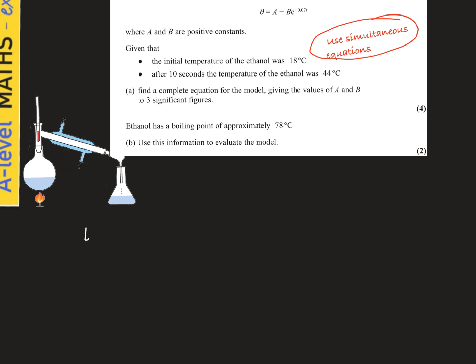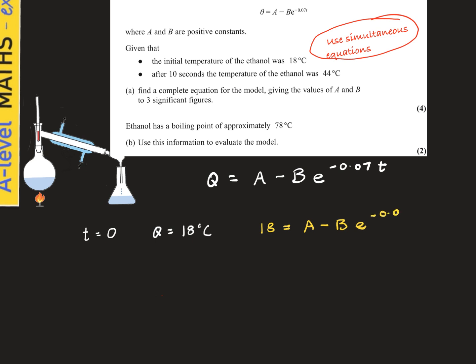Initially, at t equals 0, our temperature is 18 degrees Celsius. If we substitute it into our equation, where theta is equal to A minus B e to the minus 0.07t, we should get 18 equals A minus B e to the minus 0.07 multiplied by 0.